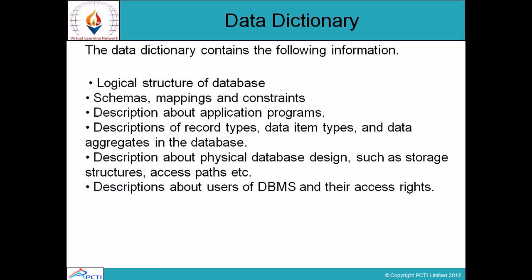The data dictionary is a data structure that stores metadata. As I told you, it is used only by the designer or administrator, not by all users. The data dictionary contains the following information: the logical structure of the database, schemas, mapping and constraints, description of application programs, description of record types, data item types and data aggregates in the database, description of the physical database engine such as storage structure and access paths, and description of users of the DBMS and their access rights.